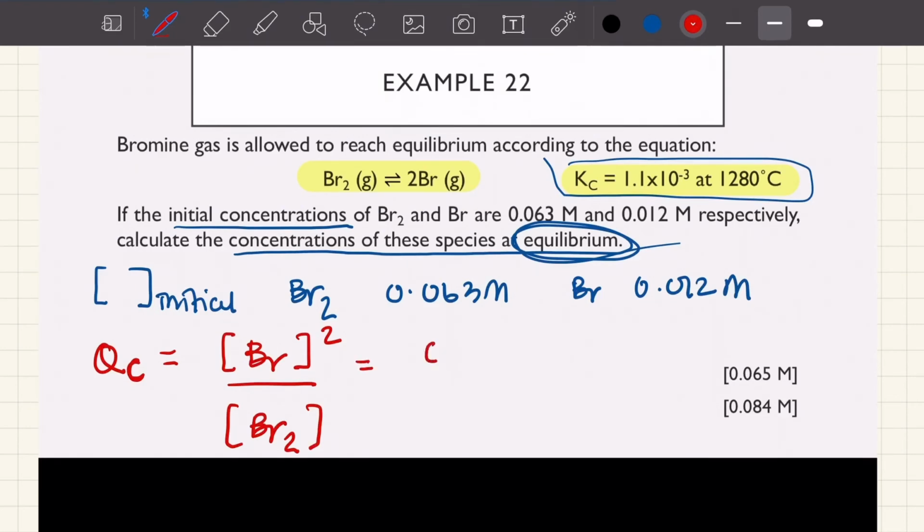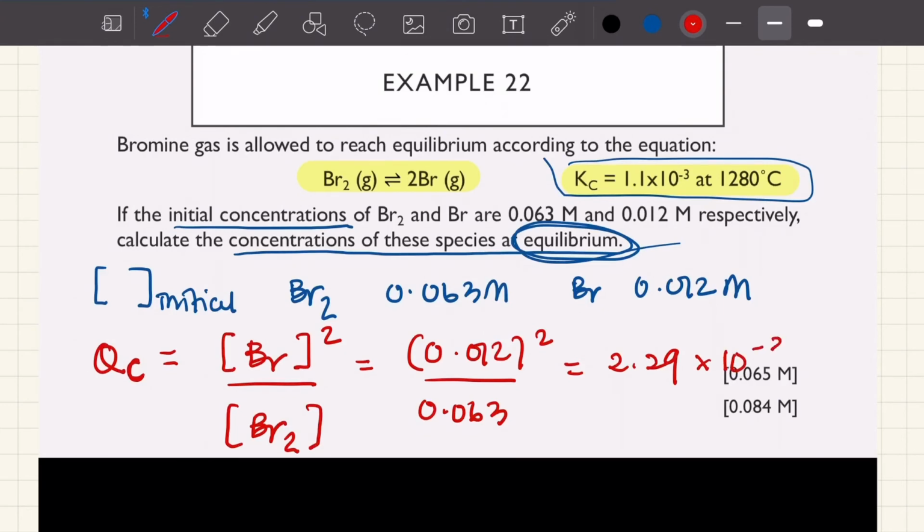So you have 0.012 and you have 0.063. So you will get 2.29 times 10 minus 3. Yang ni awak akan learn later, tapi saya dah termasukkan dalam ni kan. So saya ajar je lah terus. So this is your reaction quotient. Okay, reaction quotient at the initial condition, at initial time.